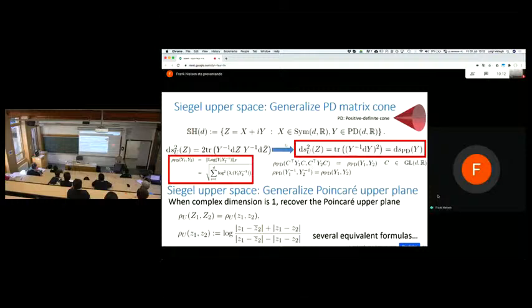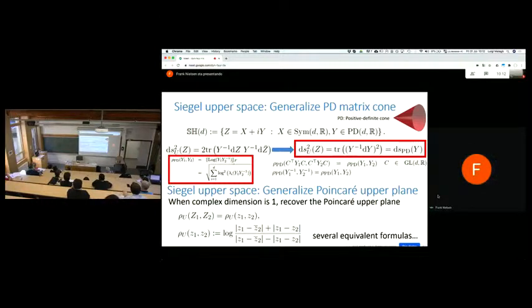So this Siegel upper space actually also generalizes the cone of positive definite matrices. Here I recall the definition of the Siegel upper space, and this was the Siegel Riemannian metric. You can see that if you put X to 0, what you end up with is the usual Riemannian metric for the cone. And you also recover the distance between two positive definite matrices on the cone as follows.